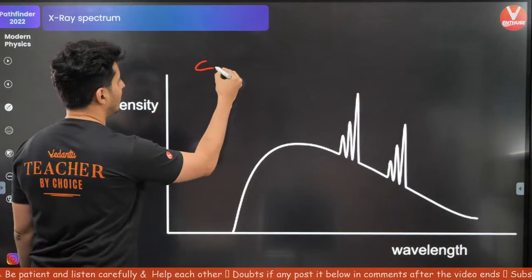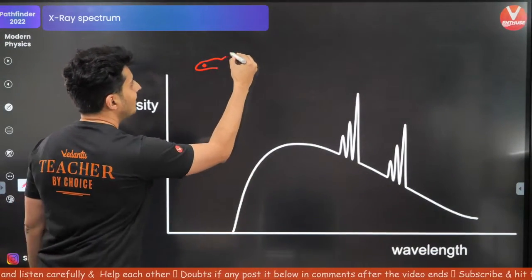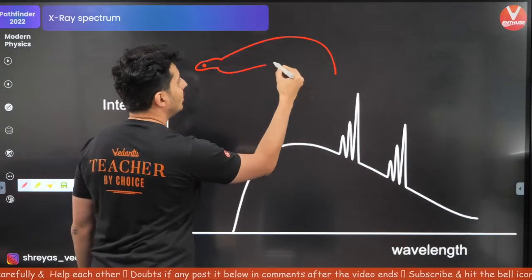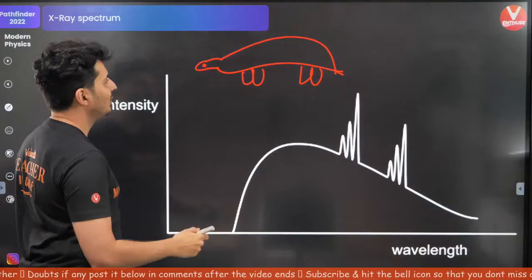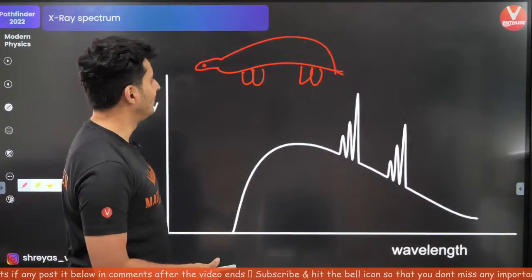Okay, this is our dinosaur, which has a smooth skin like this. Oh my god, it doesn't look like a dinosaur. It looks like a worm, creepy worm.